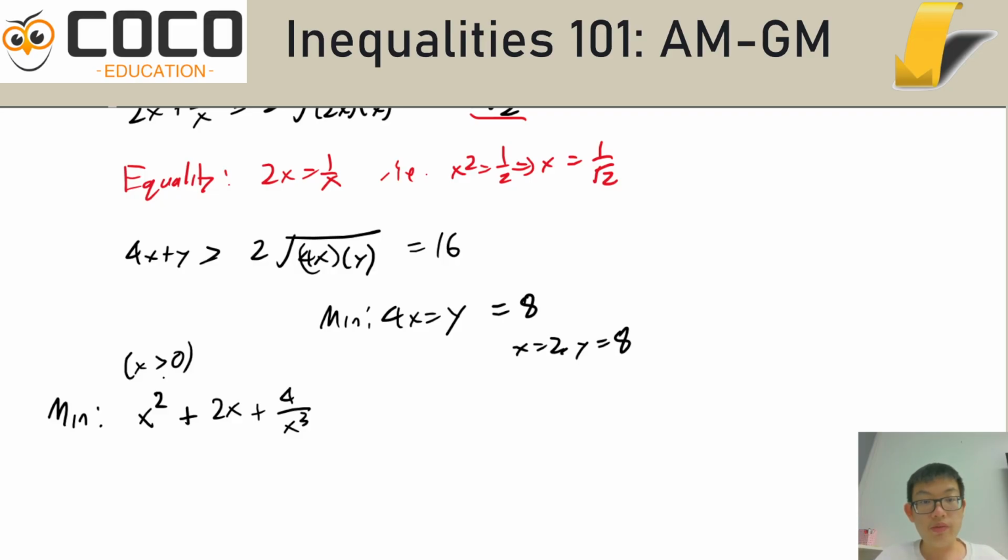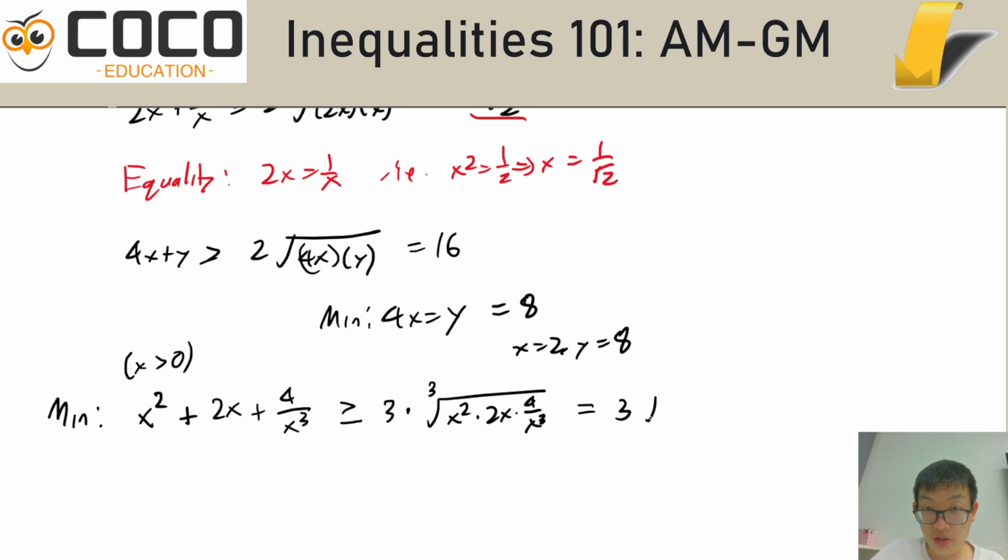Well, you might say that x squared plus 2x plus 4 over x cubed is, we are experts by now, right? So this one, the x squared, the x and the x cubed cancel off.